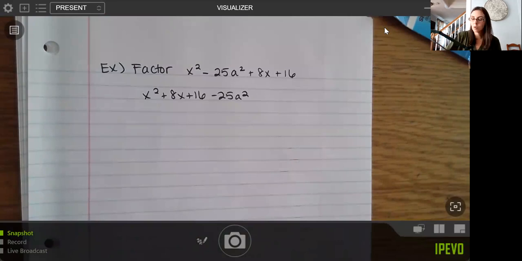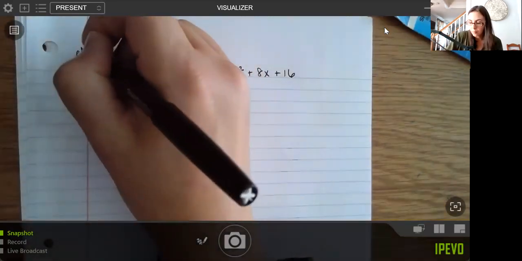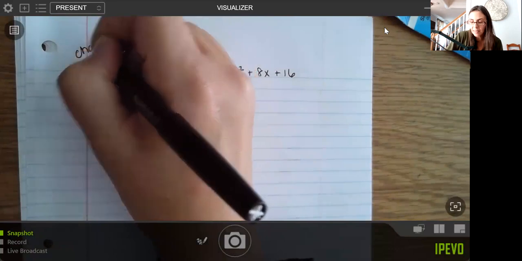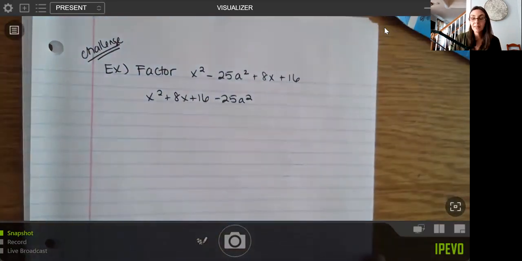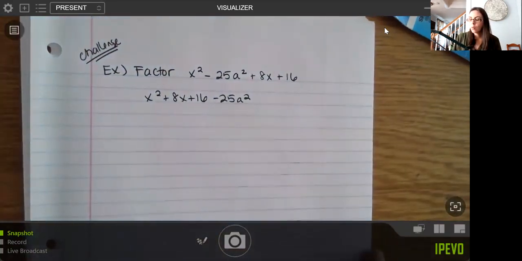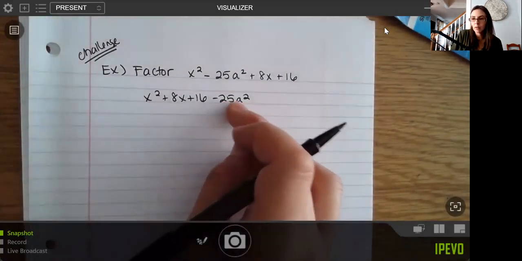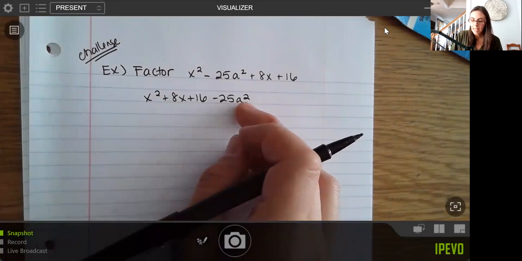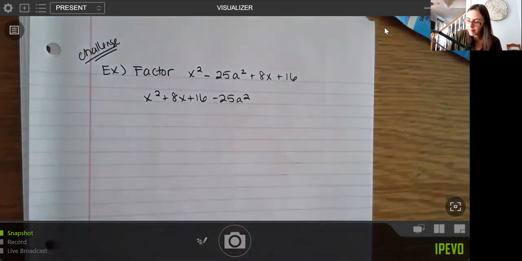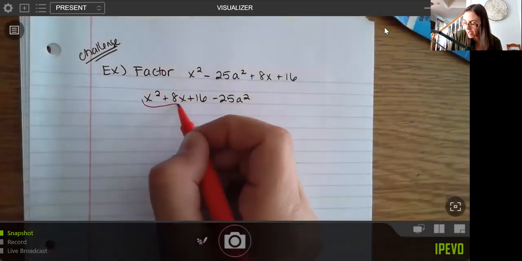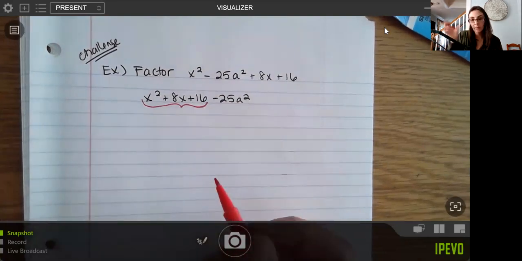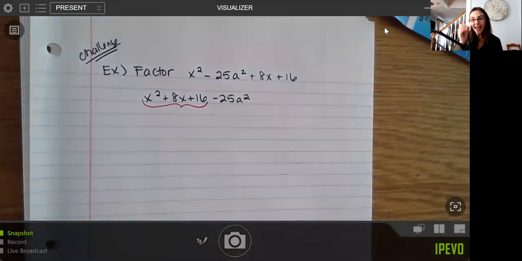I'm saying that this one is a challenge problem because we haven't seen anything like it, and it is really tough. What I'm noticing here is that this is a perfect square, 25a squared. So that's jumping out at me. And if we play around here and factor this piece up front, we would see that it is also a perfect square.